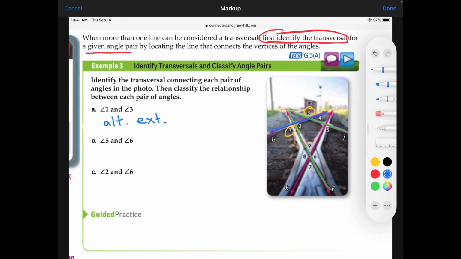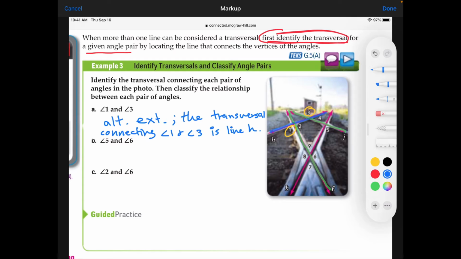And they wanted me to tell you what the transversal is, so the transversal connecting angle 1 and angle 3 is line H, right? The blue one. And they are alternate exterior.